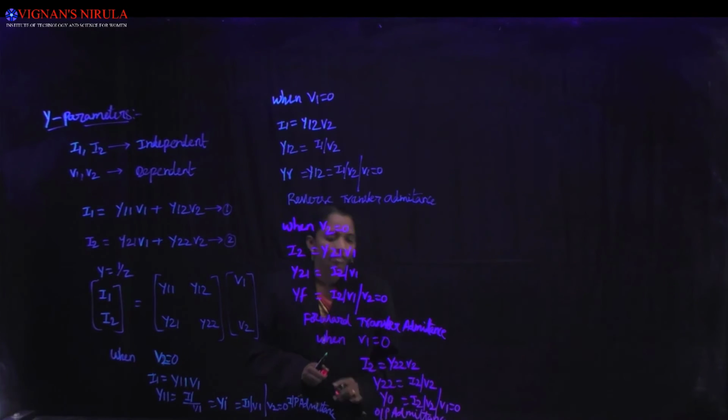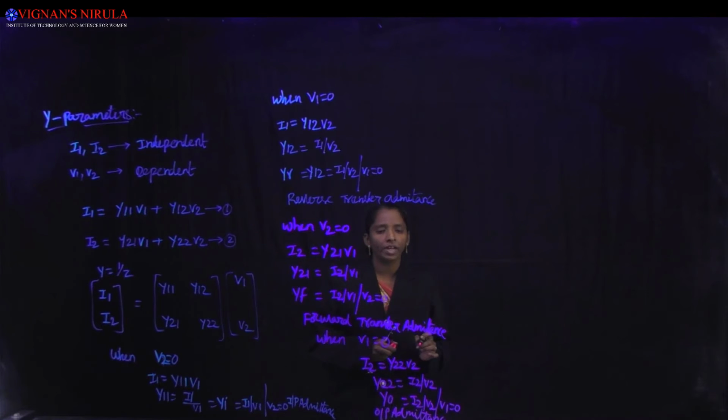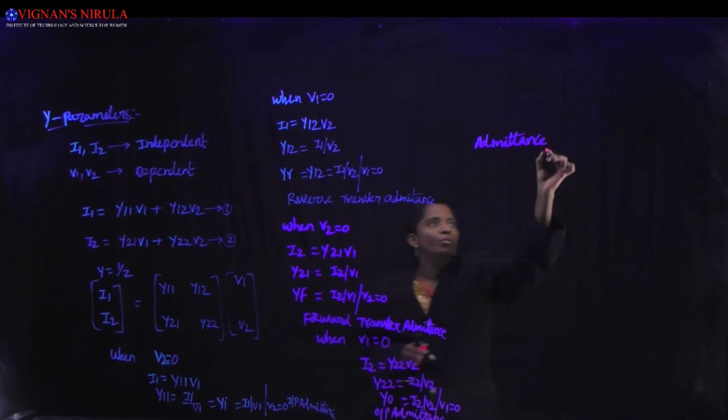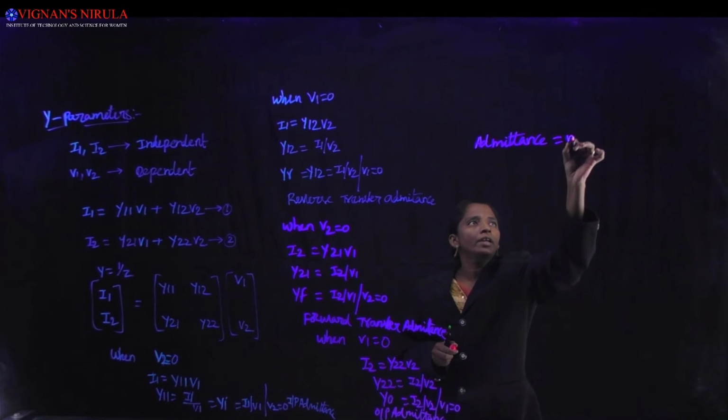So what is the unit for admittance? We know the unit for admittance is mhos. Am I correct?